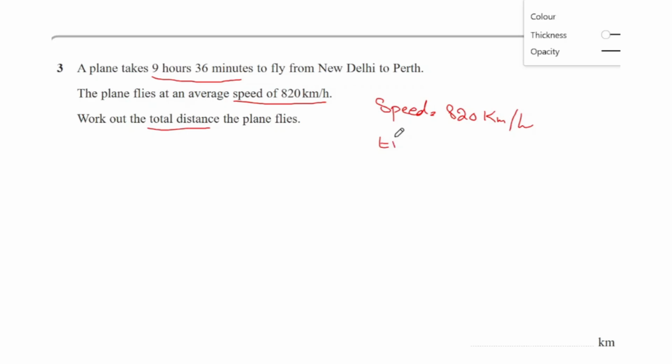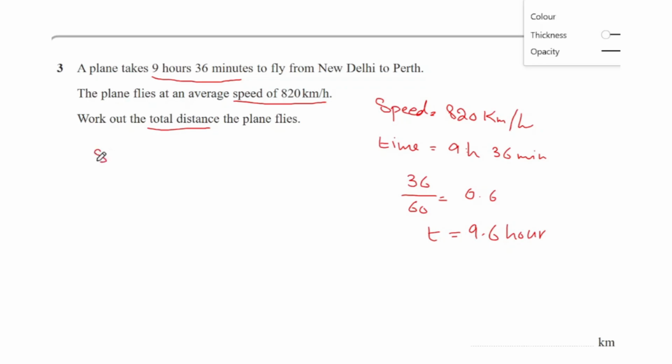We have given time. Time is equals to 9 hours 36 minutes. So we're going to convert everything into hours. So in 1 hour we have 60 minutes, so we can divide it by 60. So we will get over here 0.6. Okay, so what's the time becomes? So time we go here 9.6 hours.